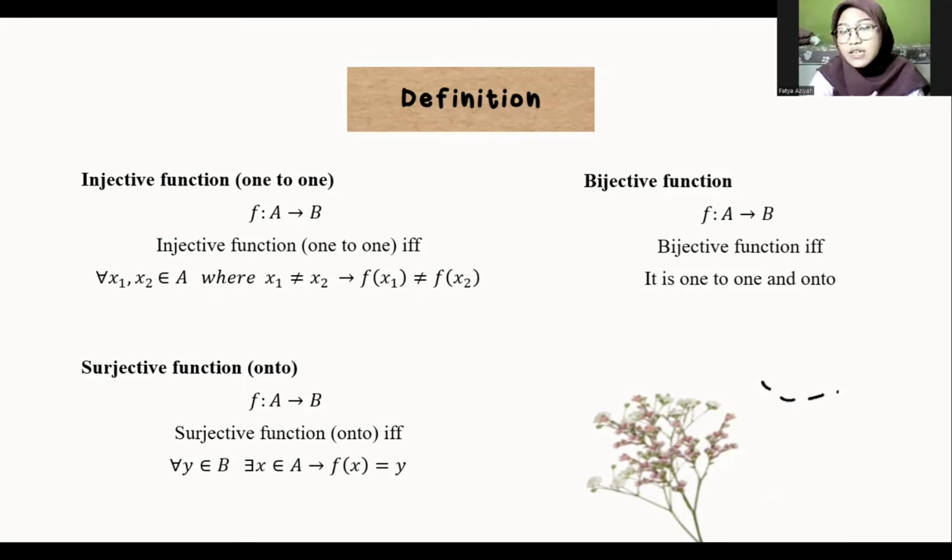Then the bijective function: if we have a function from A to B, it is bijective if and only if it is one-to-one and onto. So if the function is injective and also surjective, then it is also bijective.